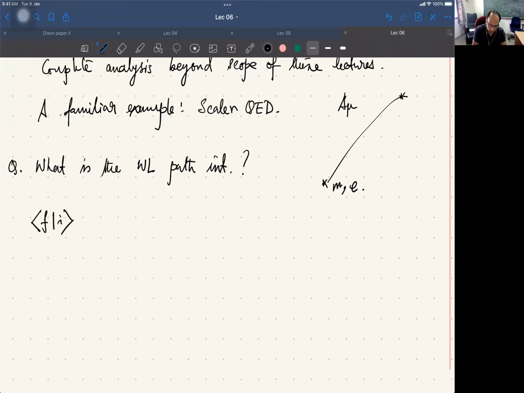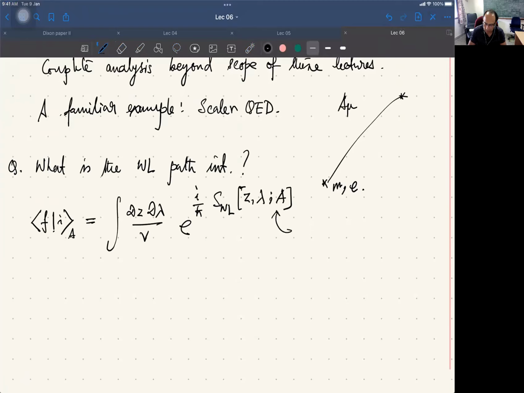So in presence of a background A field, it must be given by the same expression, except that this is now Z_lambda, A. My notation indicates that this A is a classical background, not path integrated.